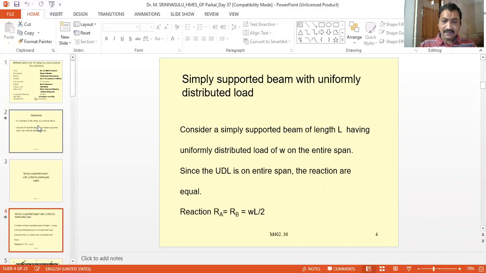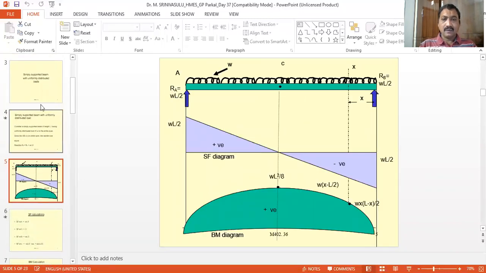Now, this is a simply supported beam of length L and carries a UDL of w newtons per meter length.